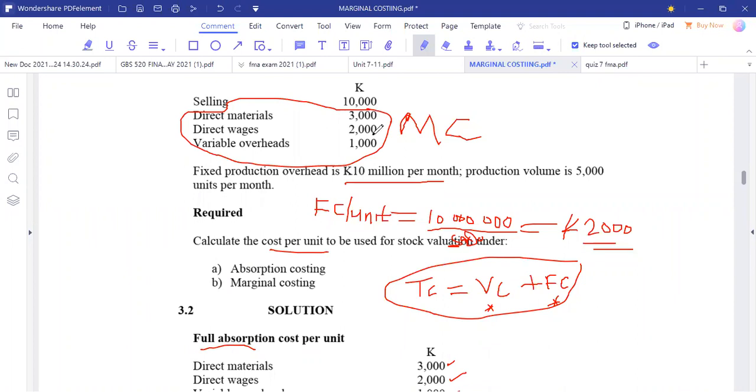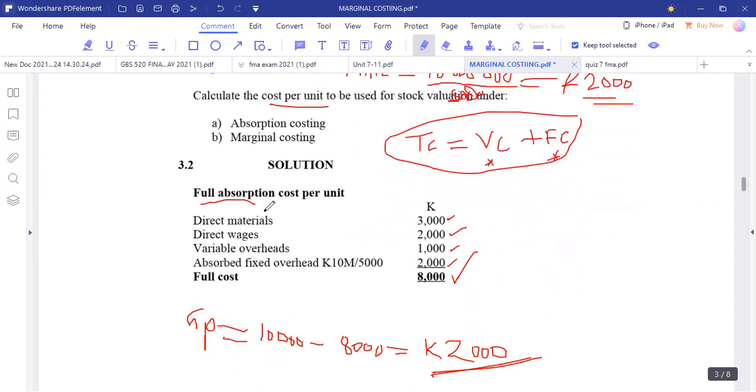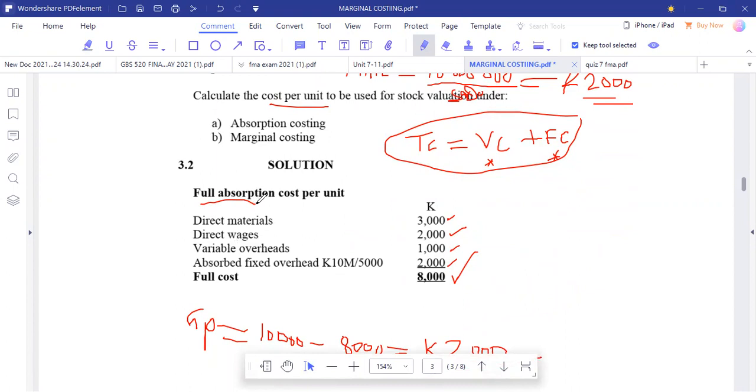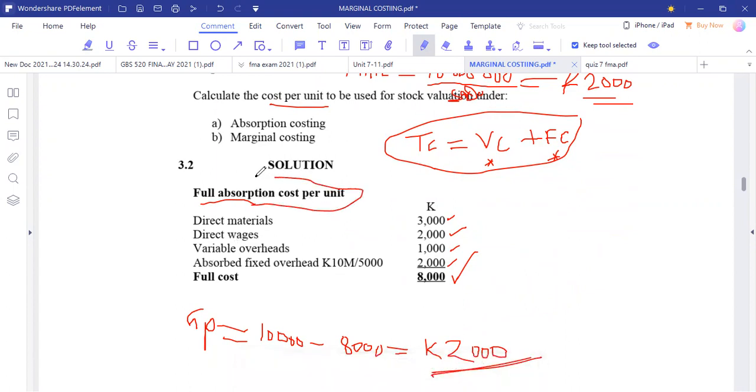All right, so this is how we found the 2,000, and we had to add it here to find the full product cost per unit. So consider everything: the direct materials of 3,000, the direct wages of 2,000, the variable overheads of 1,000, and the fixed production cost per unit of 2,000. Then we get the total product cost of 8,000. That is absorption costing, the full product cost.